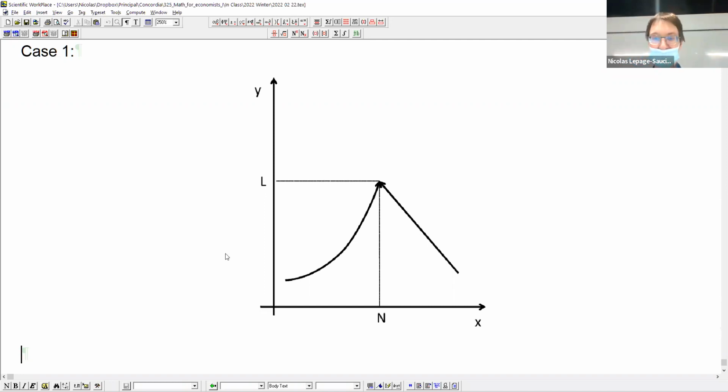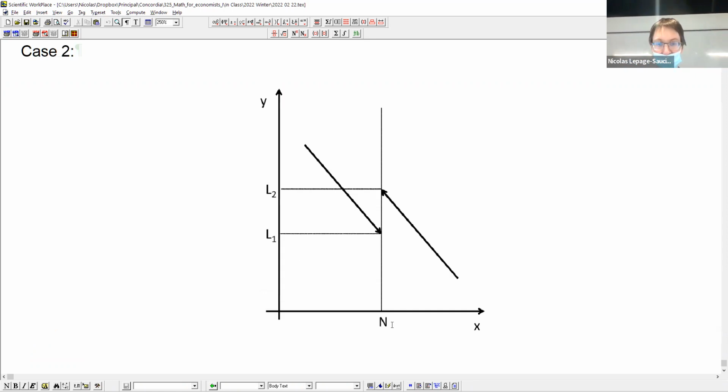And then the second case would be that. So in that case, the limit is clearly different.